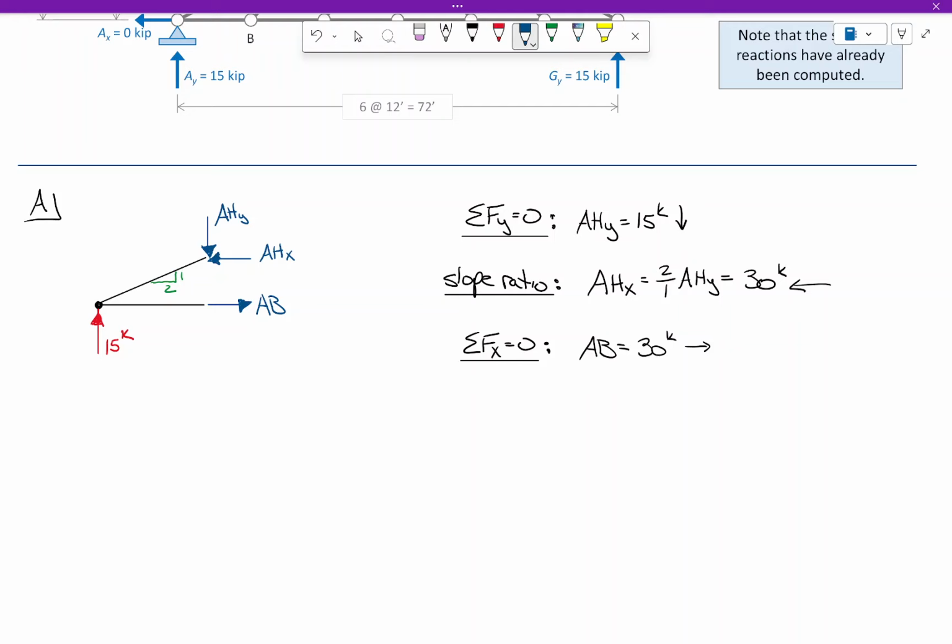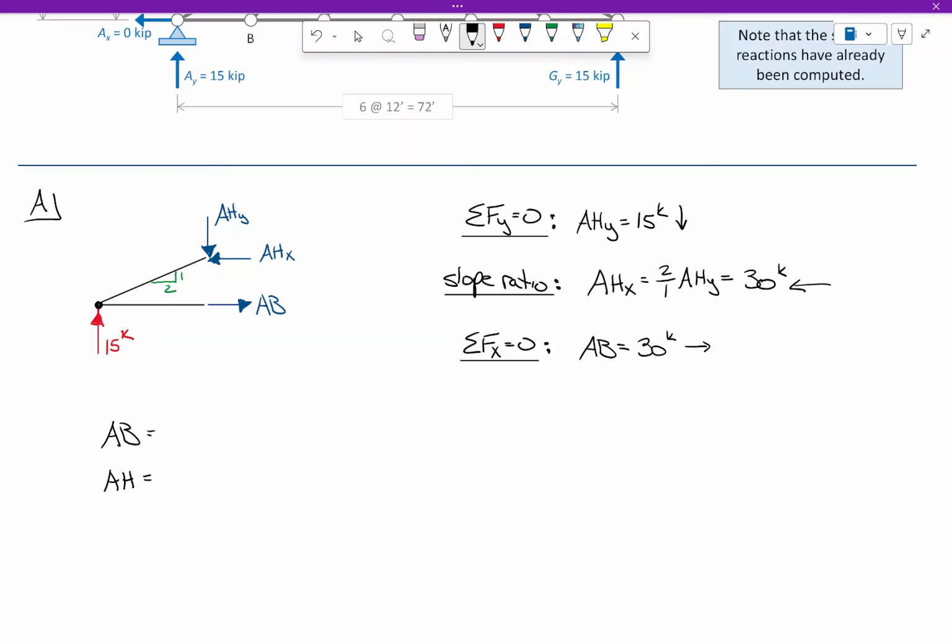So sort of the first step in the joint analysis is to just find our components and their directions, which we've done. Now let's see if we can conclude what's going on with our analysis. Okay? So that means we've identified member AB, and we've got member AH.